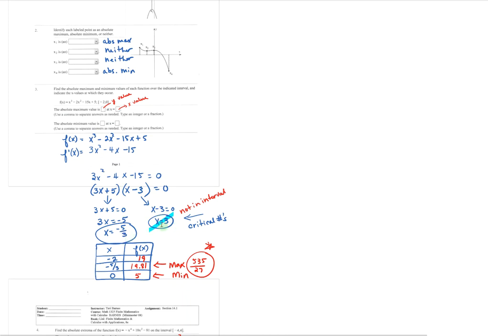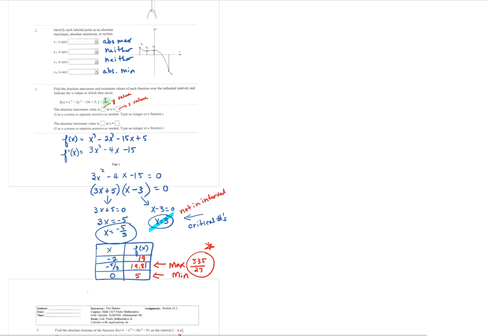Now, x is 3 is not in this interval. This interval is only from negative 2 to 0. So we discard that and we only use this critical number. So I would suggest drawing a box like this and have your x values and then your y values that you will calculate. So your x is negative 2 and 0.